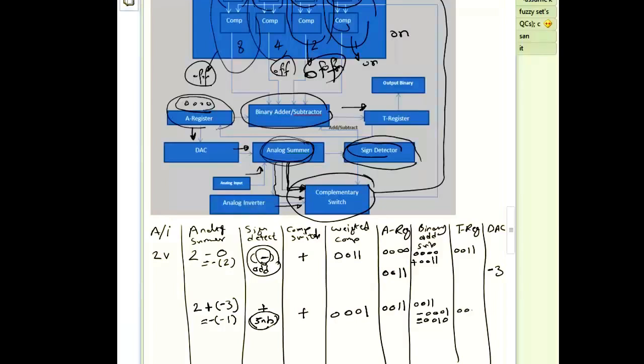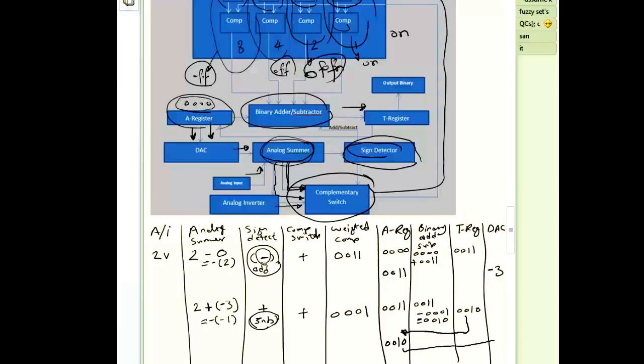So the T register content is 0010, and this value is put back to the A register in the next cycle. The A register now contains 0010, and the DAC connected to the A register converts this back to analog.